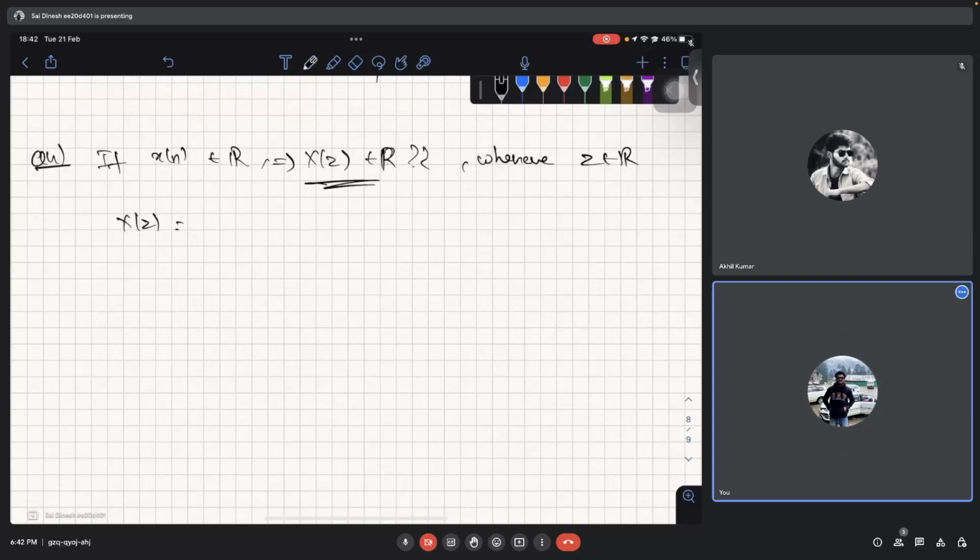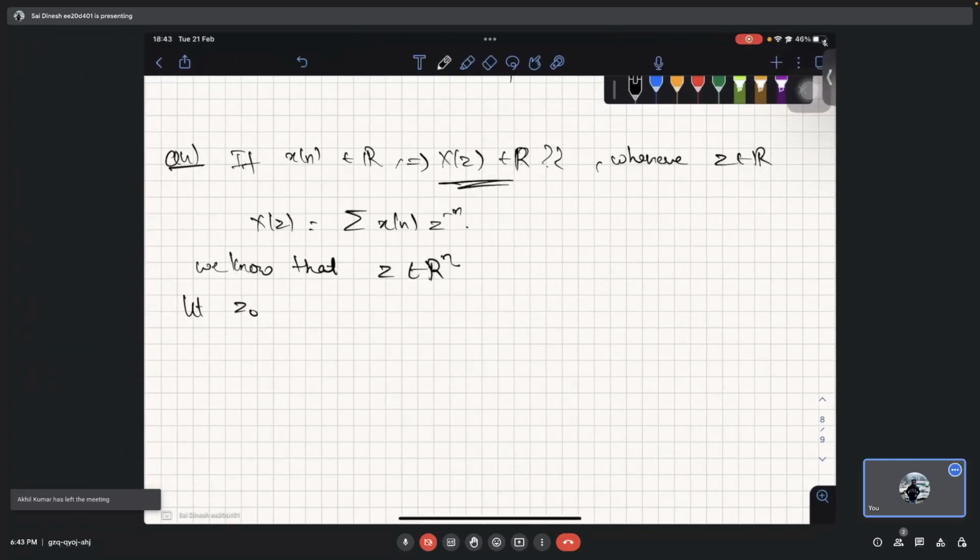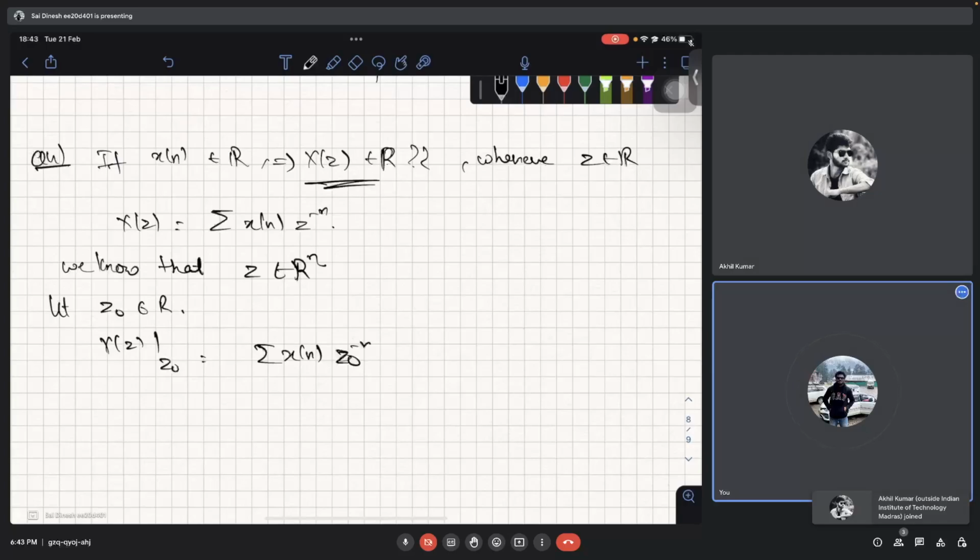We have x of z equal to the summation of x of n z power minus n. But we know that z is real valued, that is what the question is. So whenever there is a z naught which is real, x of z at z naught is x of n into z naught power minus n.